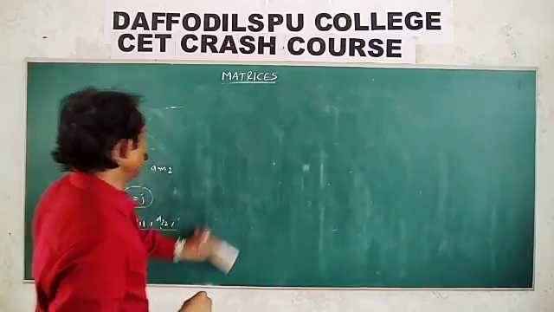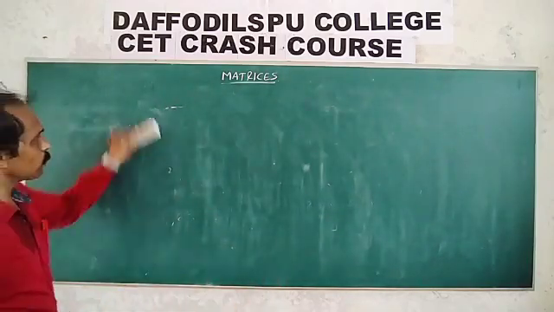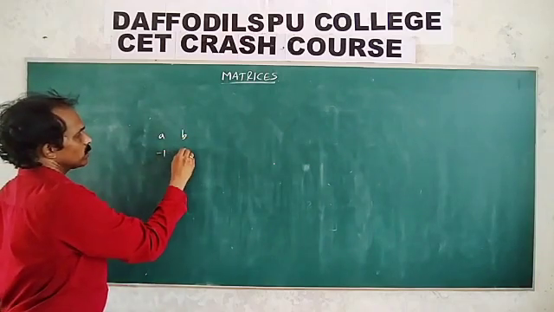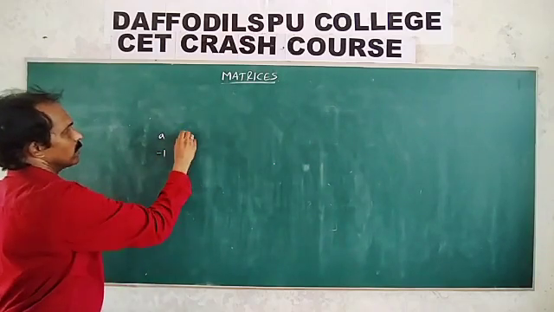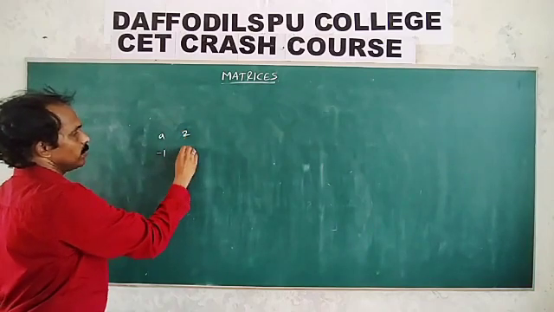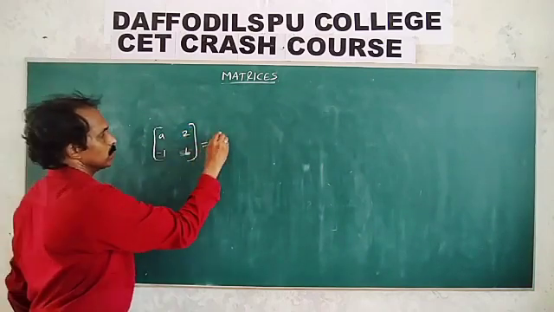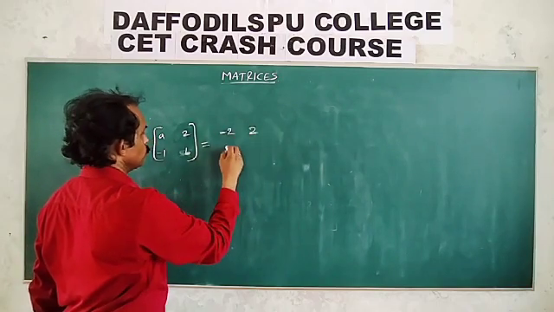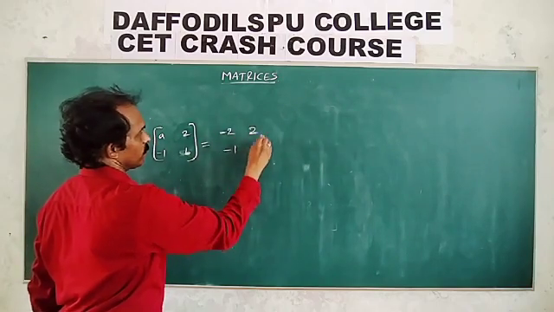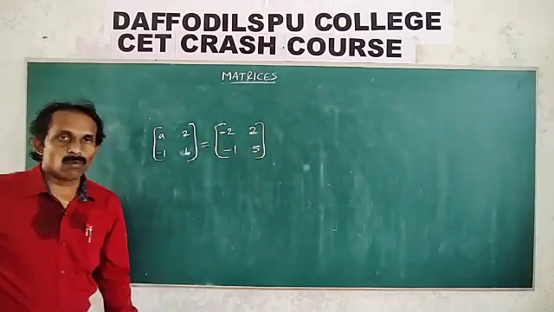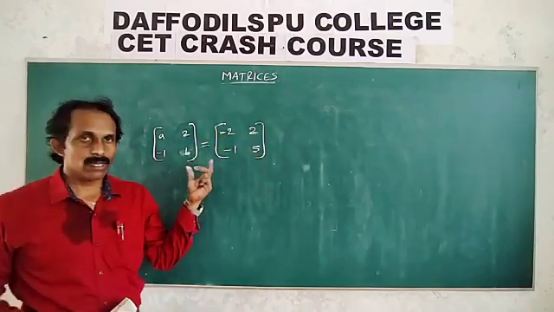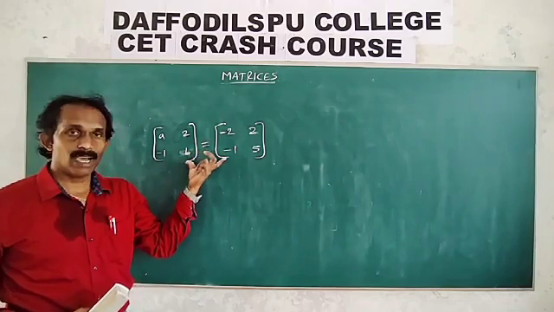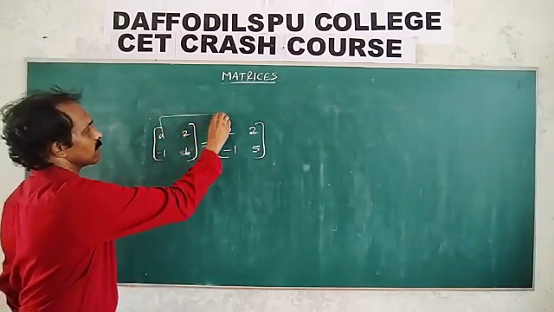And next, when are two matrices equal? Two matrices are said to be equal when their order is the same and corresponding elements are equal.